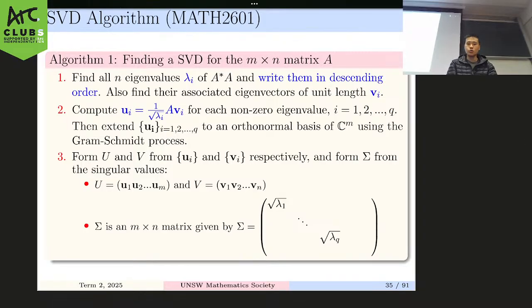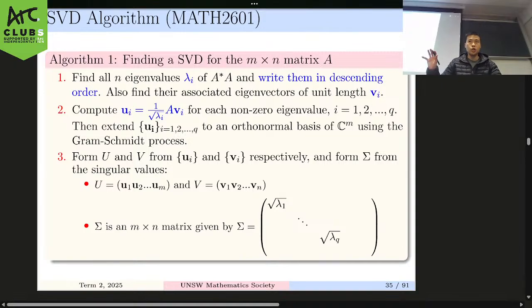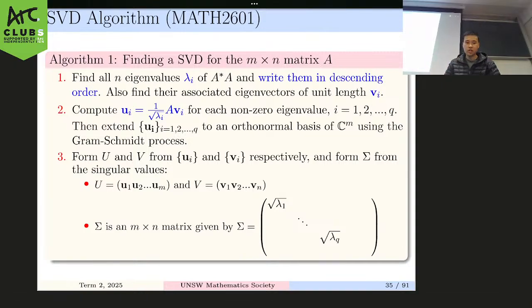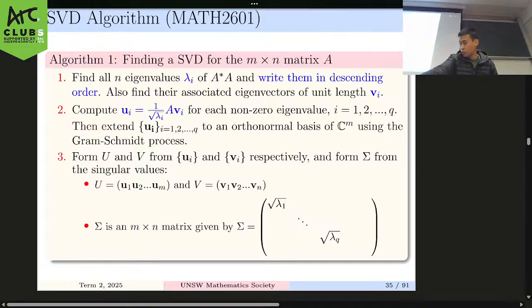You'll never get a case where the square root of the eigenvalue is 0, because you'll have enough eigenvectors to not count this case. And then, on the more orthonormal basis vectors, use the Gram-Schmidt process.